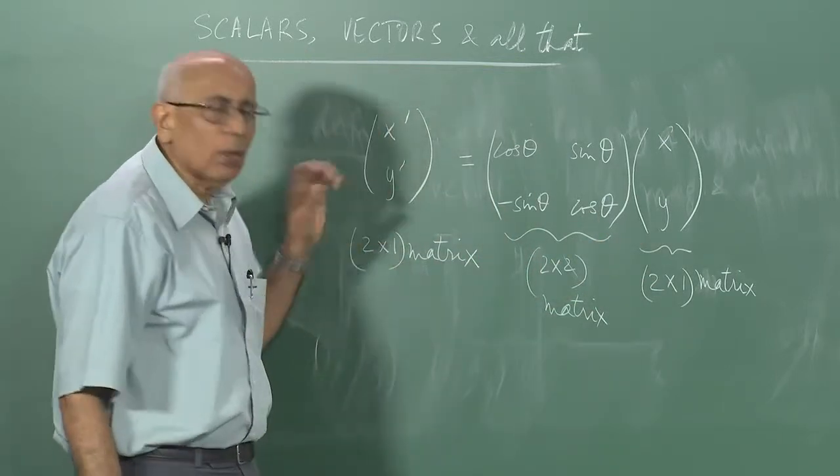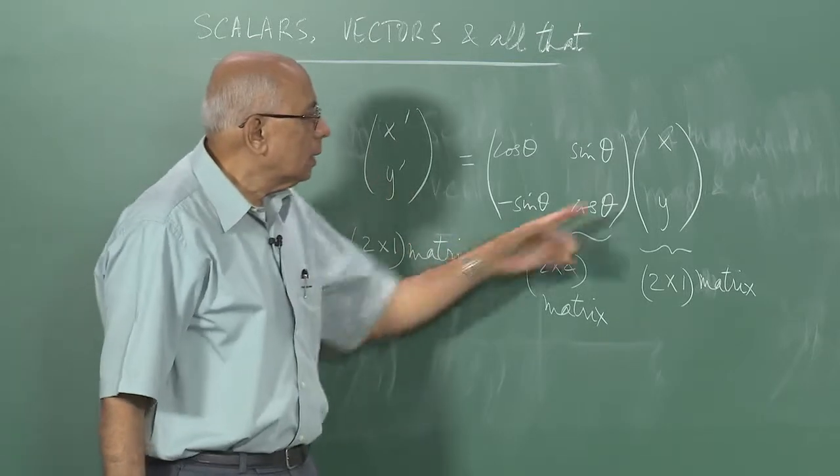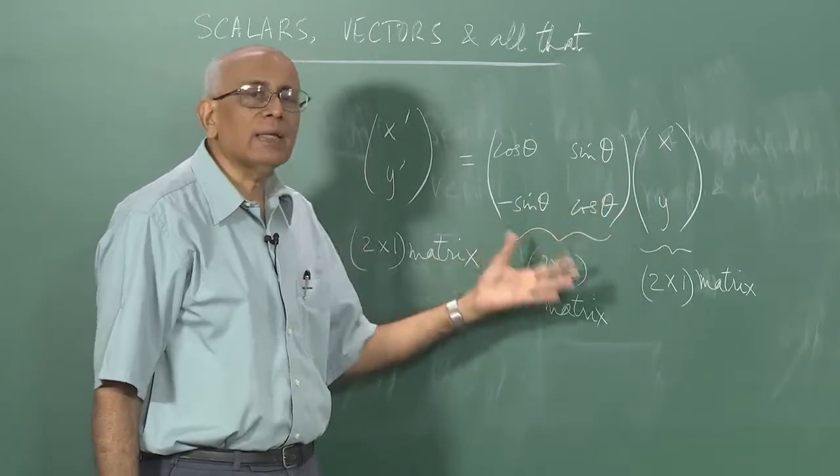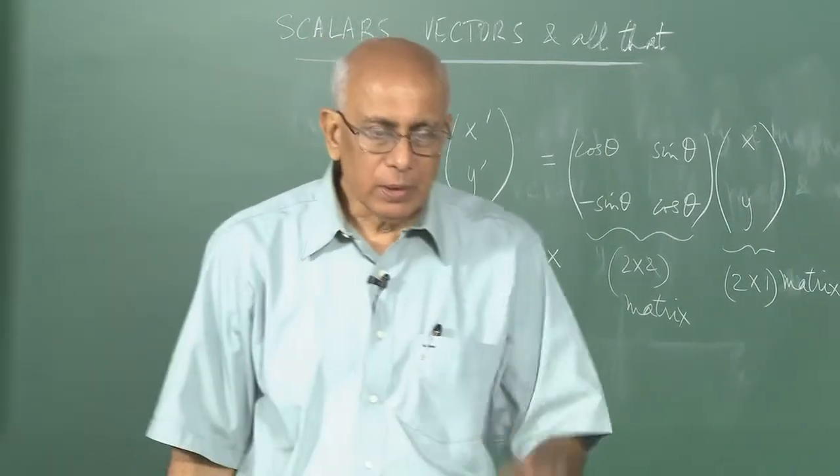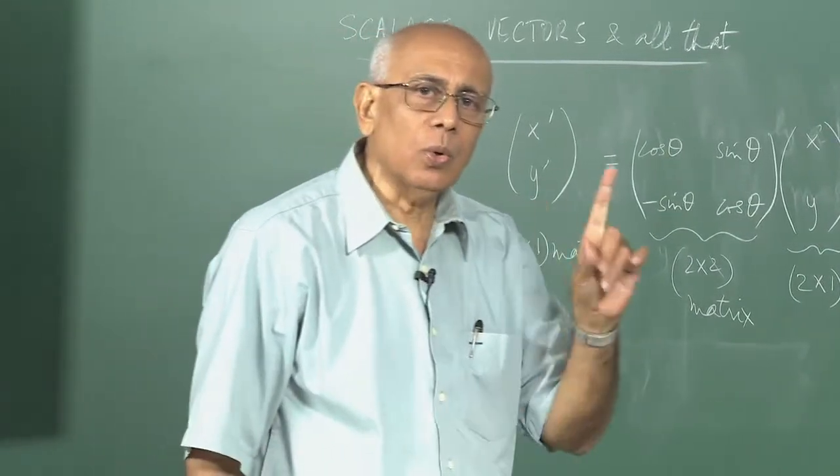So this gives you a column matrix here, a 2 by 1. This 2 by 1 column matrix, when acted upon by this matrix here, gives you a 2 by 1, the new column matrix, which represents the position vector in the new coordinate system.